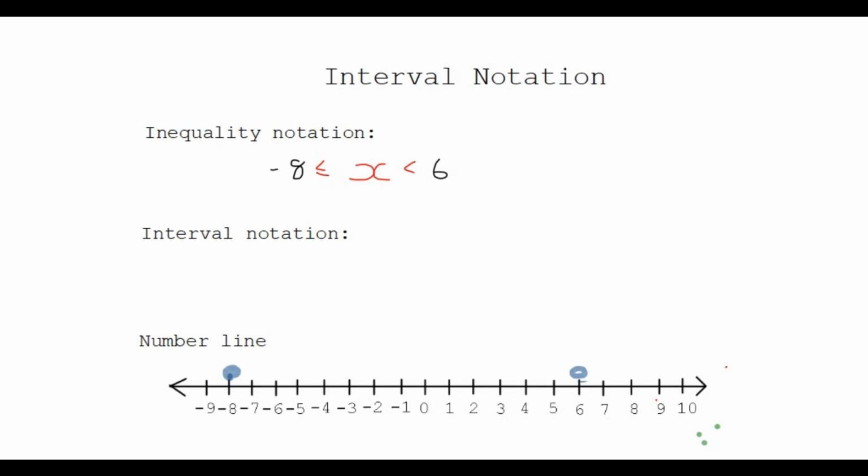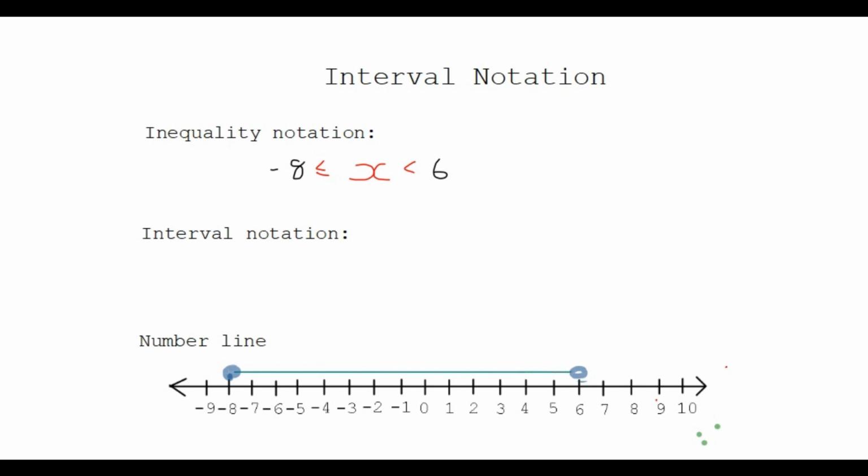And x less than +6 would start at +6 and go to the left-hand side. Well, then we can see x is between -8 and +6, meaning it is all the numbers from -8 to +6.